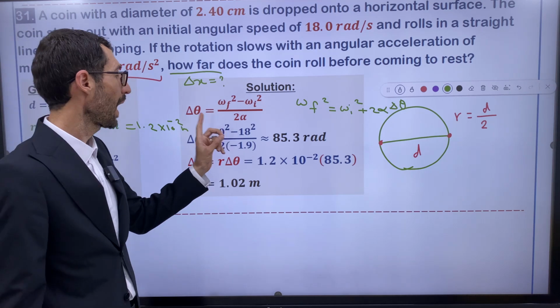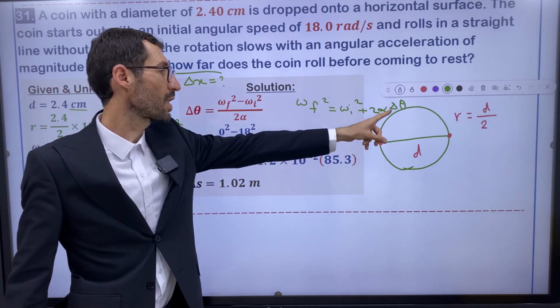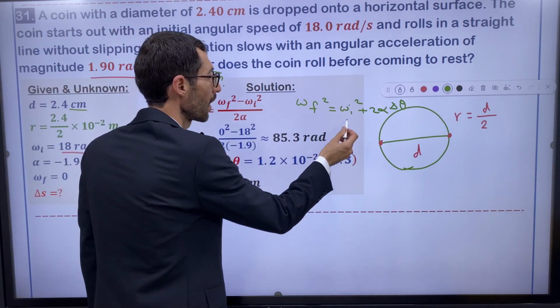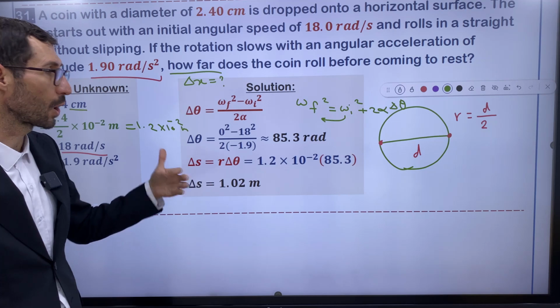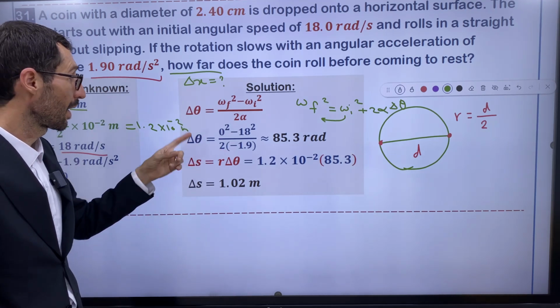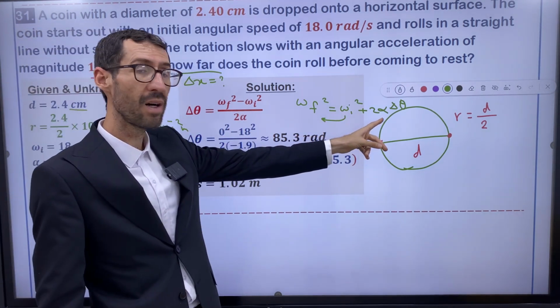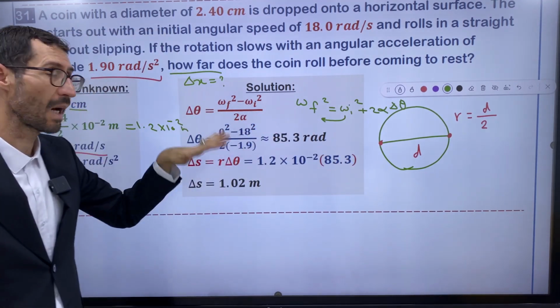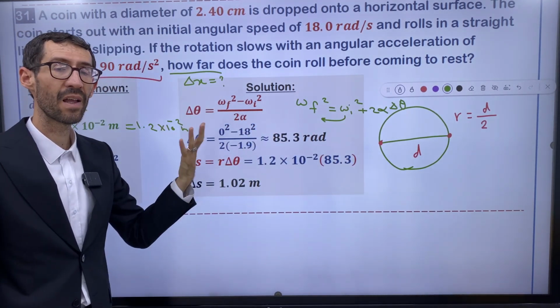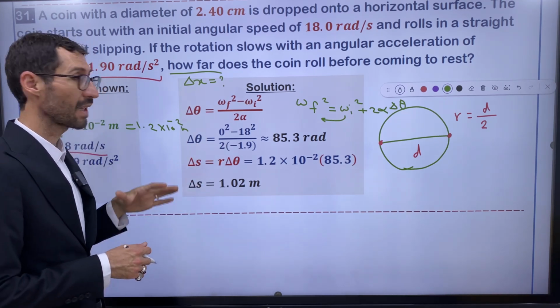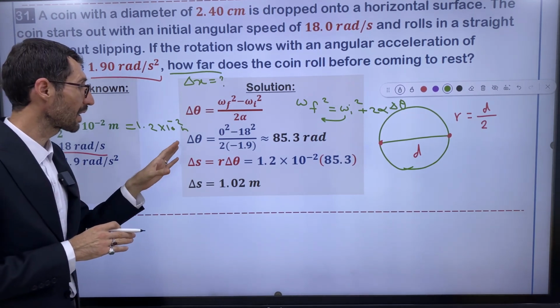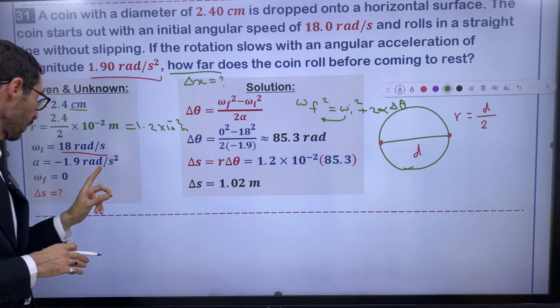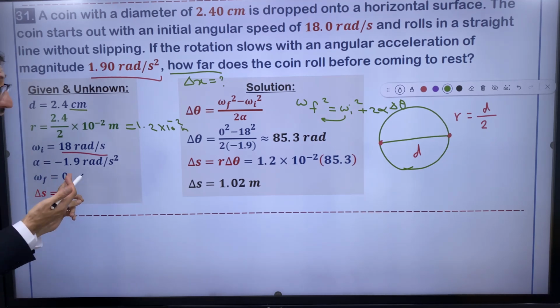So I want you to rearrange the equation for delta theta. Bring this one into the left side, it becomes negative and goes to the numerator, and 2 alpha goes to the denominator, because delta theta is the unknown variable. So delta theta is equal to, omega final is equal to 0 because it says it comes to rest.